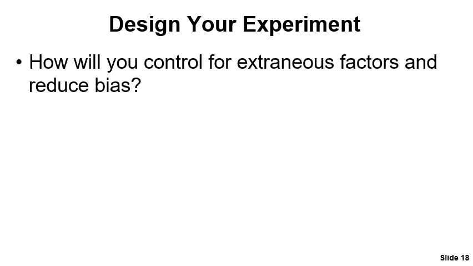You also really need to think about how you will control for things that you're not interested in to reduce bias. So consider the order of treatments, or make sure you're picking people that are similar to each other in everything except for the one thing of interest. You wouldn't want to pick all athletes in one treatment and all non-athletes in another if that's not the variable of interest.